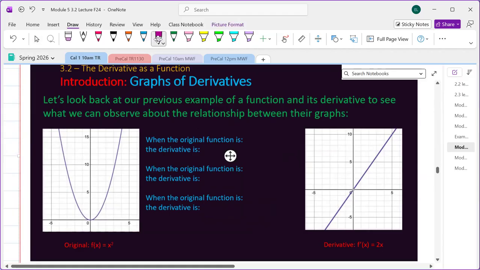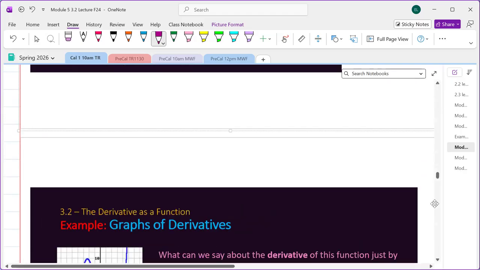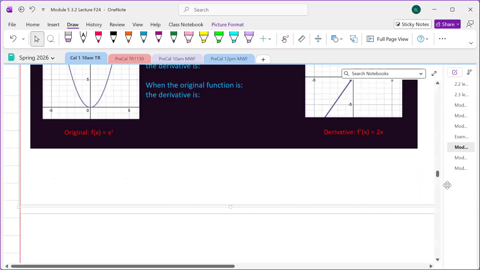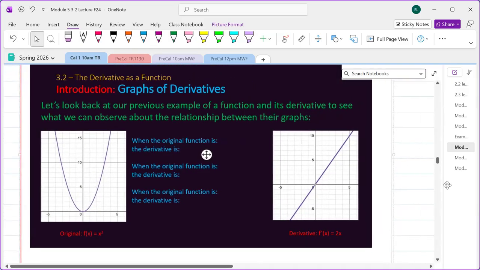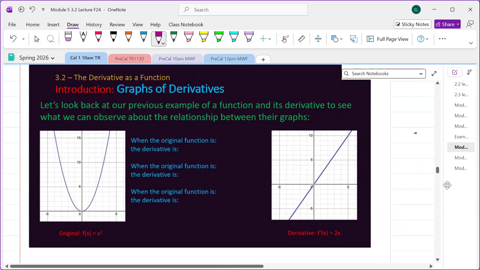Earlier we had f of x equals x squared, and we figured out that the derivative was 2x. So we're going to look at what our function is doing, and compare that to what the derivative is doing.